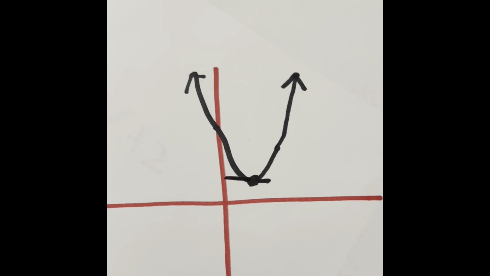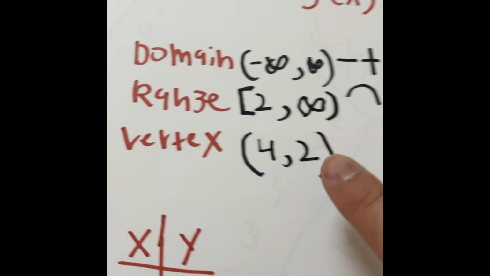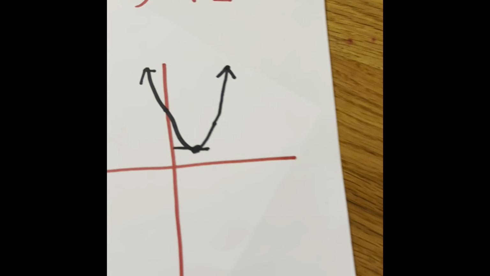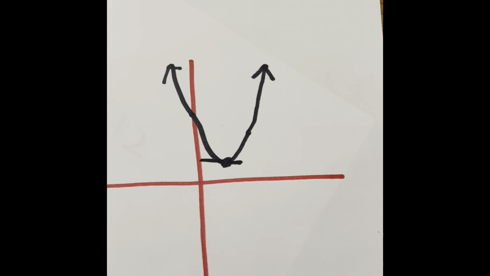This is the 2 value. We can also use that for the vertex. But what about the x-axis? How are we going to measure that? Well, for the x-axis, that's going to talk about where the x lies at on the vertex.